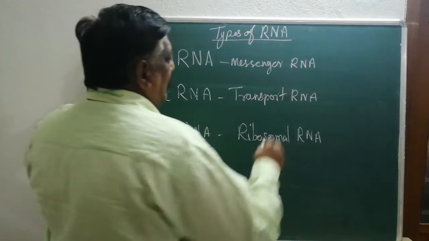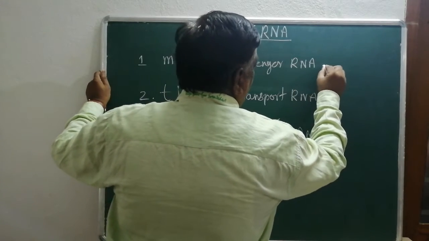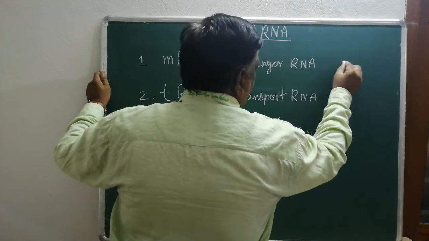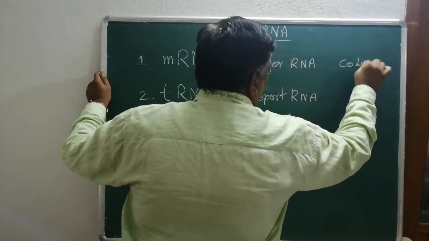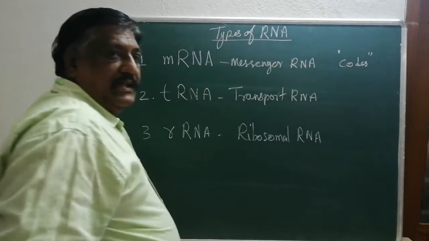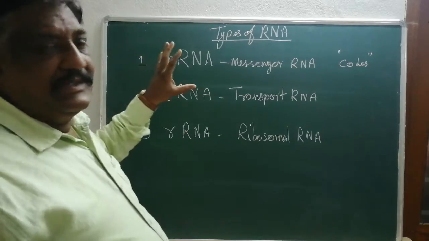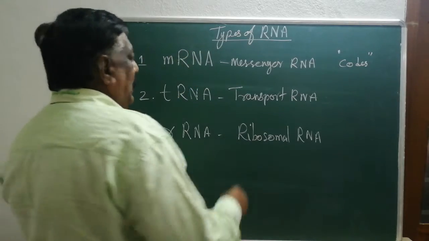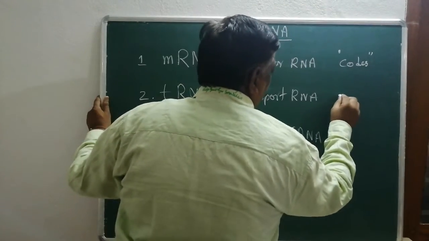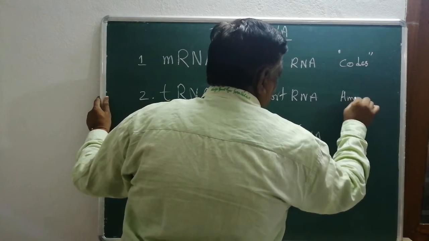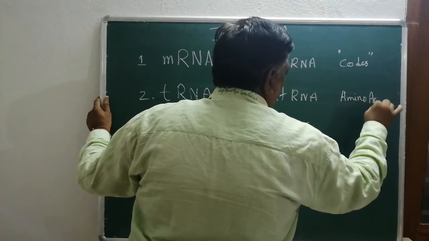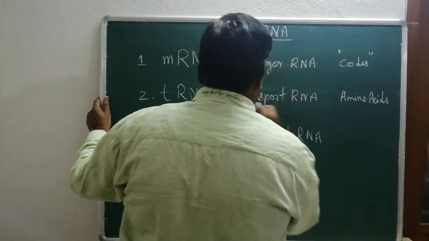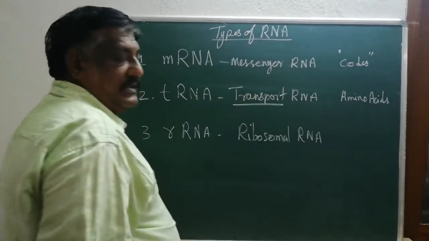And these three RNA: this messenger RNA brings the codes, okay, acts as a template. And the tRNA transports amino acids.